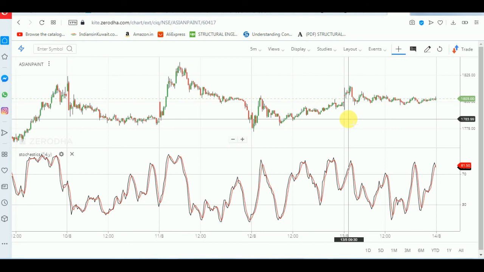For this technical indicator, RSI can be clubbed with it, which will work very well. And apart from that, even MACD and moving averages and even the trend lines can be used with this particular technical indicator to have a better result and to avoid the losses.